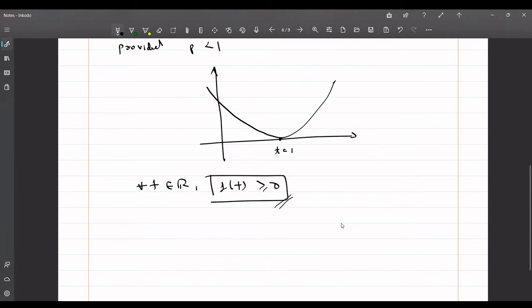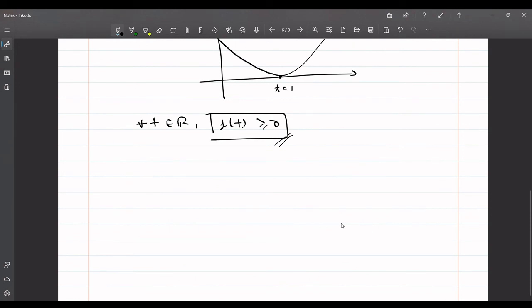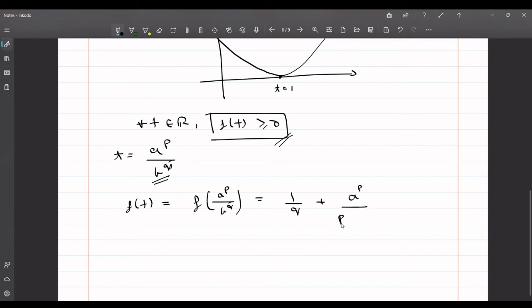Now for this function we take a special case with t being a to the power p over b to the power q. So f(t) becomes f of a to the power p over b to the power q, which is 1 over q plus a to the power p over p times b to the power q minus a divided by b to the power q by p, and it will be greater than or equal to 0 because this function obeys this condition.